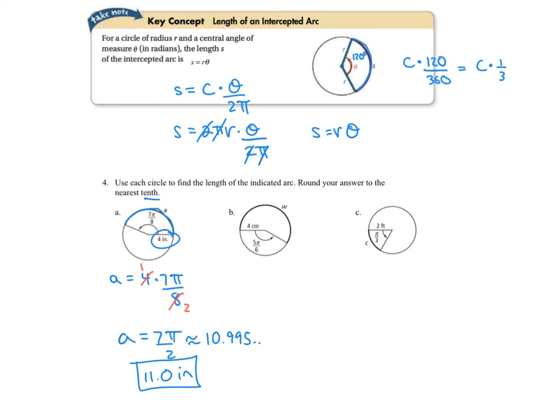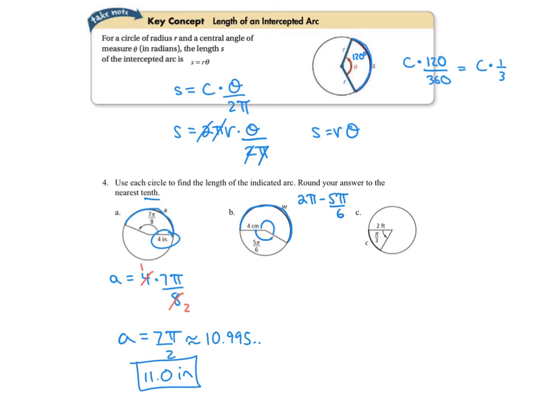Okay, the next one. This one's got a little bit of a twist to it. The arc that we are trying to find, W, is here, but the angle given is the rest of the circle, not the part we actually want. So if a full circle in radians is 2 pi, we need to do 2 pi minus 5 pi over 6 to find the angle that we need.